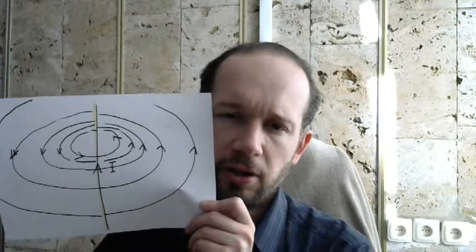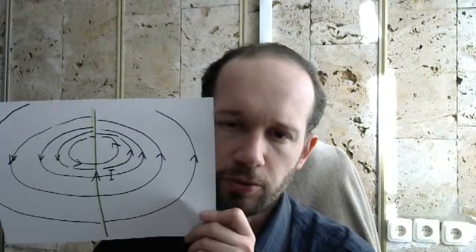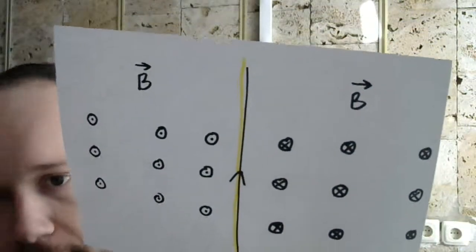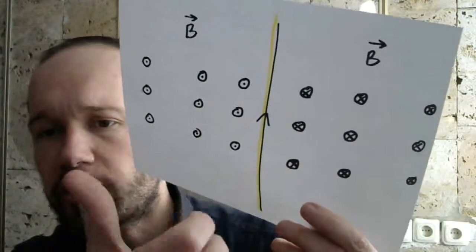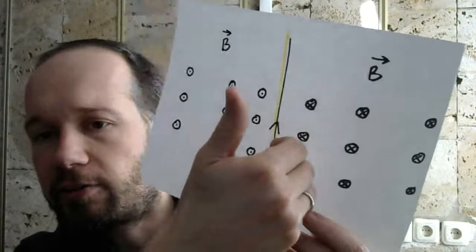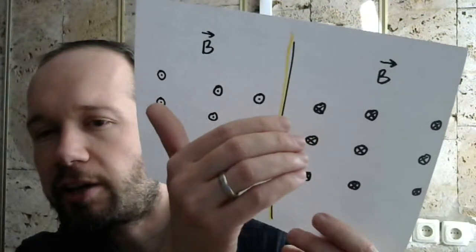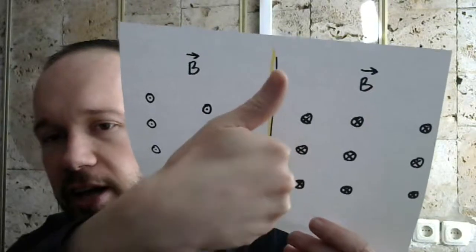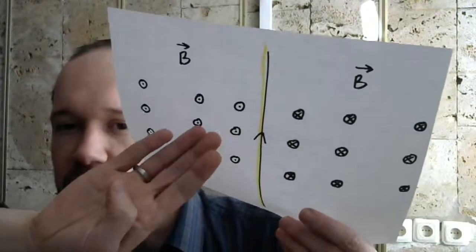So here is an alternate notation of how we could show this using the arrow notation. It would look something like this. So on one side of the wire, again it's showing the same thing. Okay. On this side of the wire here, the magnetic field lines are going into the plane of the paper, and on the other side, they're coming out.